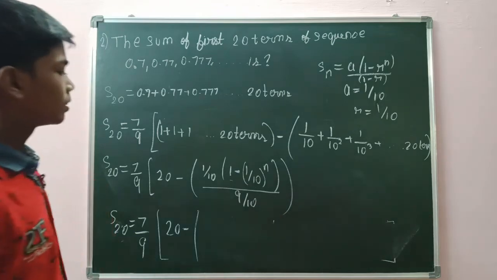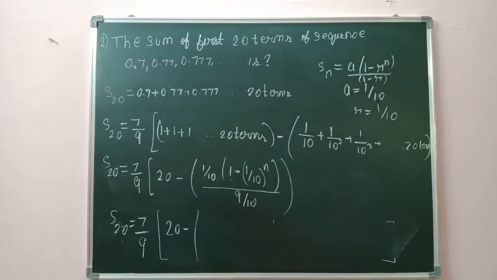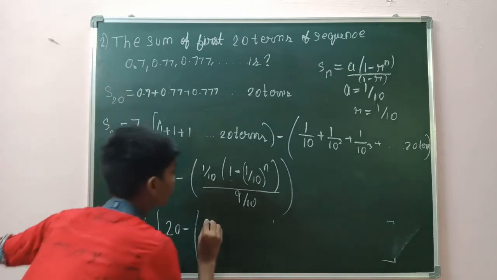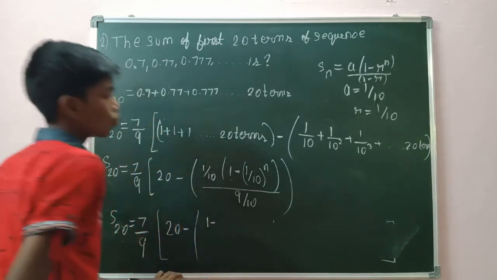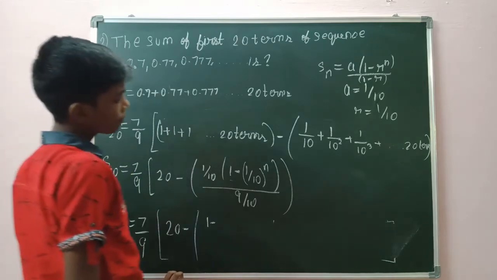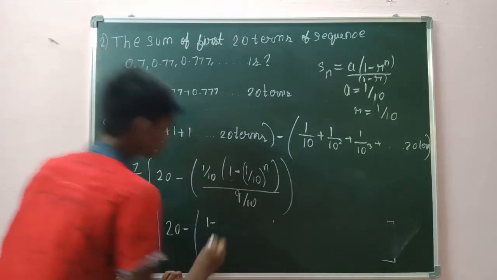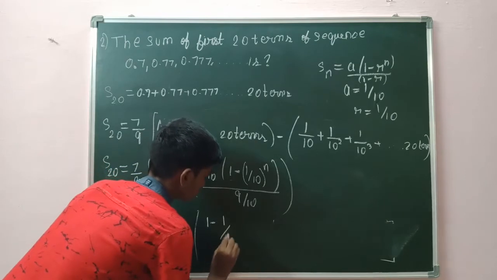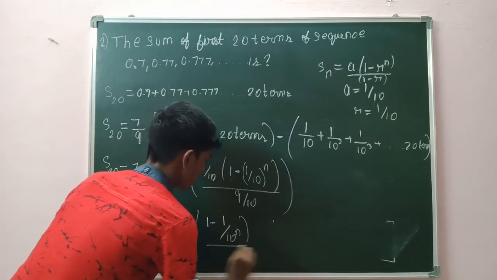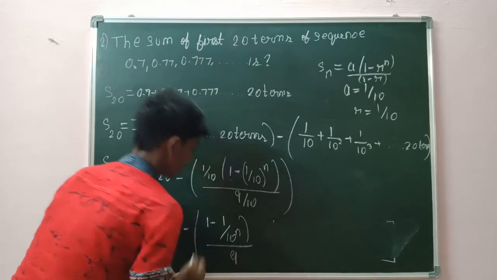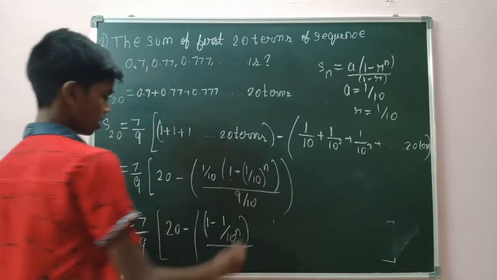Finally I will be left with 1 minus of 1 by 10 power n, then divided by 9. This is what you will be left with.